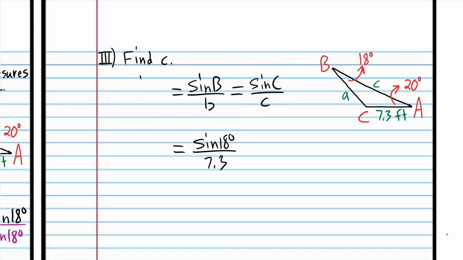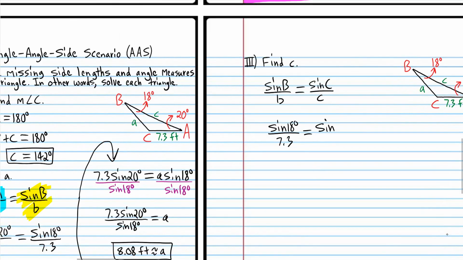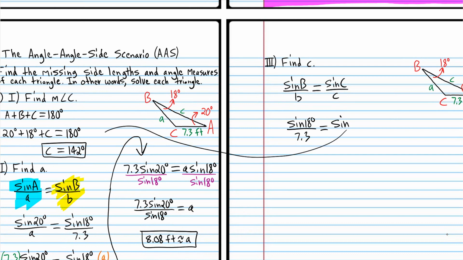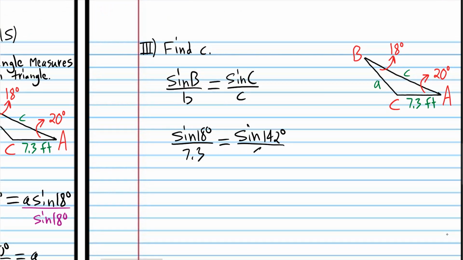So we're going to erase sine A over A. Capital C, we found that in the first step over here. The measure of angle C is 142 degrees. That's what we found in the first step. And we're looking for lowercase c.